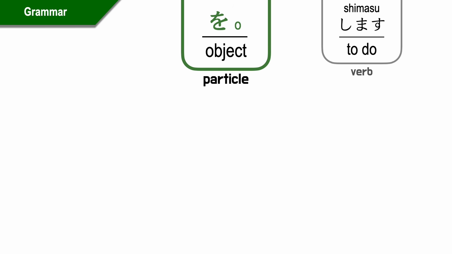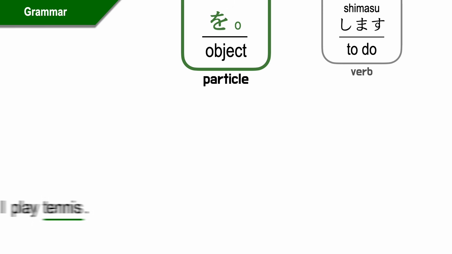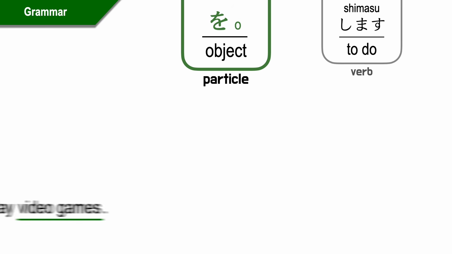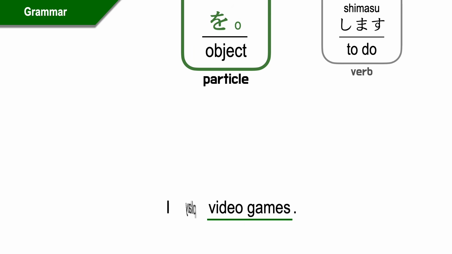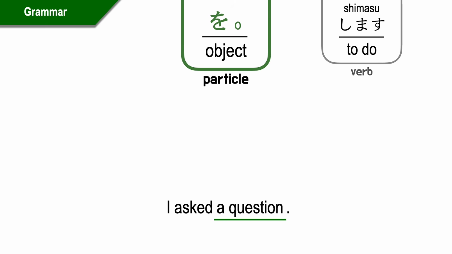I will do homework. 宿題をします。I play tennis. In Japanese, we say I do tennis. テニスをします。I play video games. ゲームをします。I asked a question.